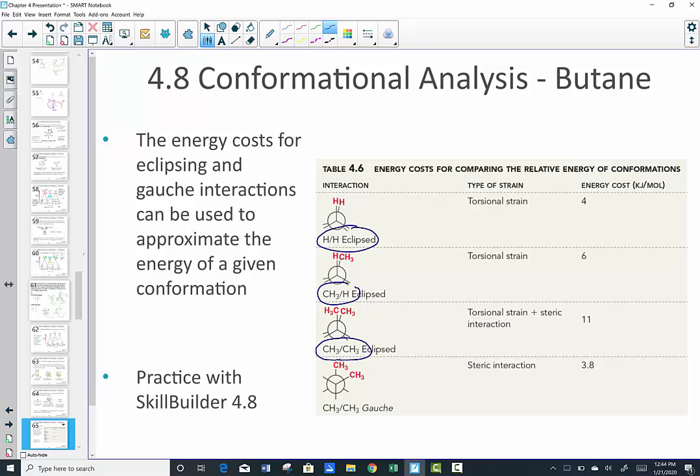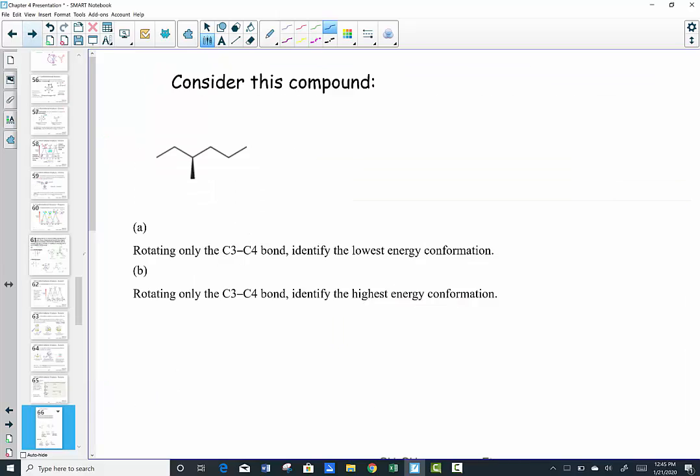The gauche position is 60 degrees between the methyl groups on the front carbon to the back carbon. Highest energy is when the methyl to methyl is eclipsed. So we've analyzed all the possible conformations for butane.